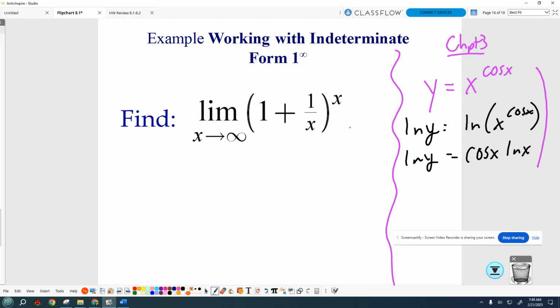I was gonna say like, okay, I can't limit the function. I can't say let limit equal y. But I want to undo. I want to put on natural log. So what's the function that undoes natural log? Exponential.